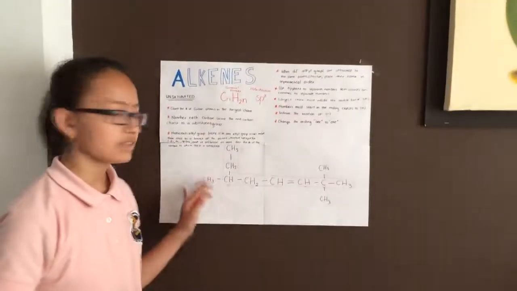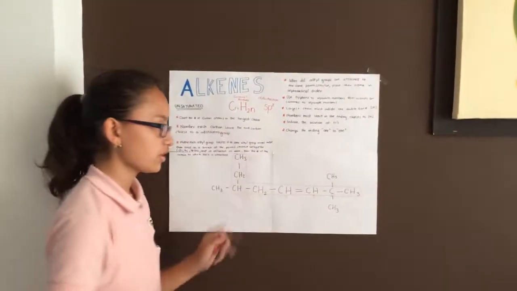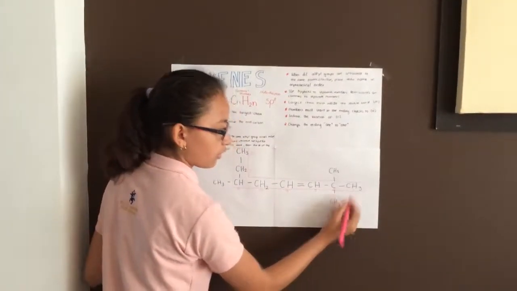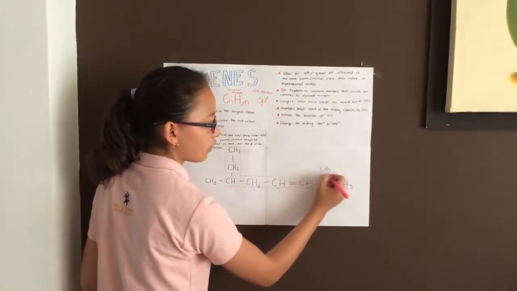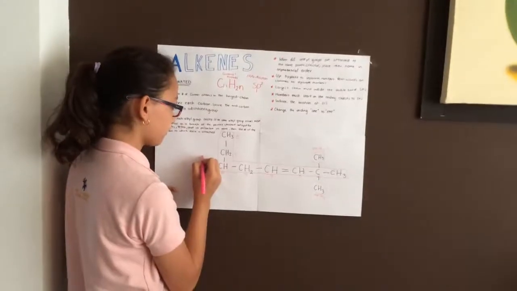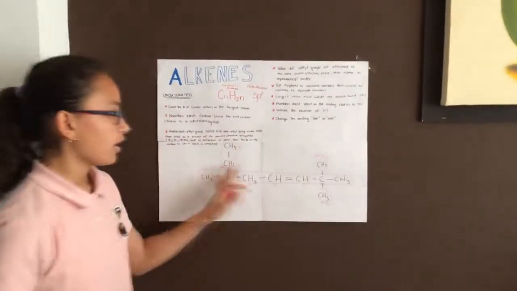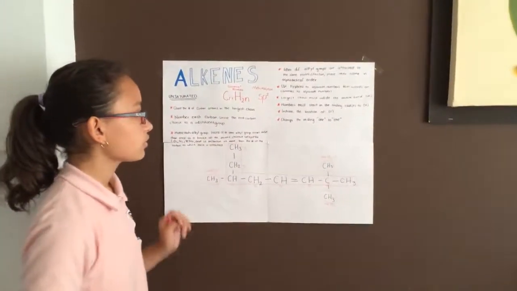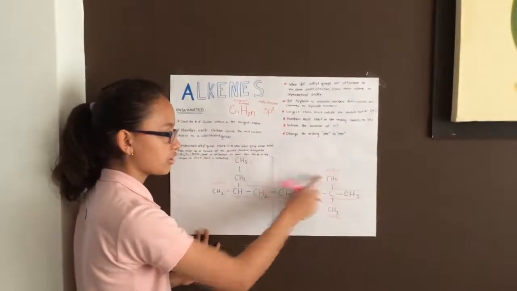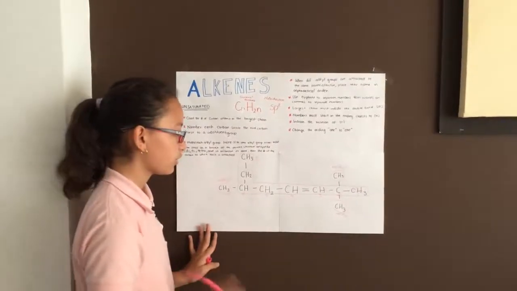And then we have to indicate the alkyl groups. Here we have a methyl, and here we have another methyl, another methyl. And then we have to indicate where each alkyl group is.